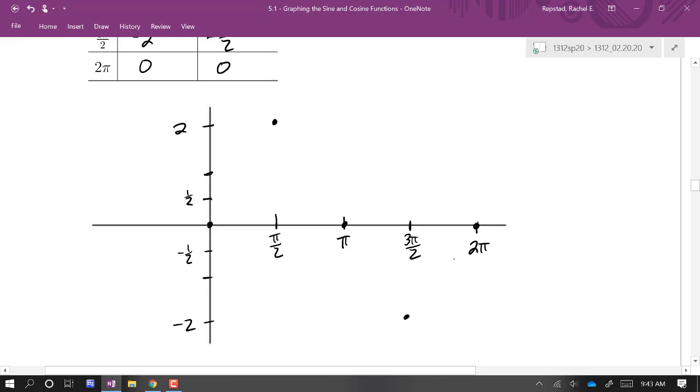Again, we're drawing the sine curve that goes through these points, not a collection of straight line segments. So this is going to look kind of like this. And if I plot the points for 1/2 sine x, it looks like this.